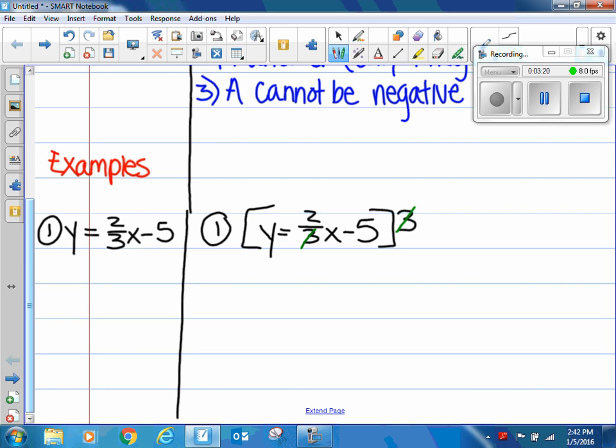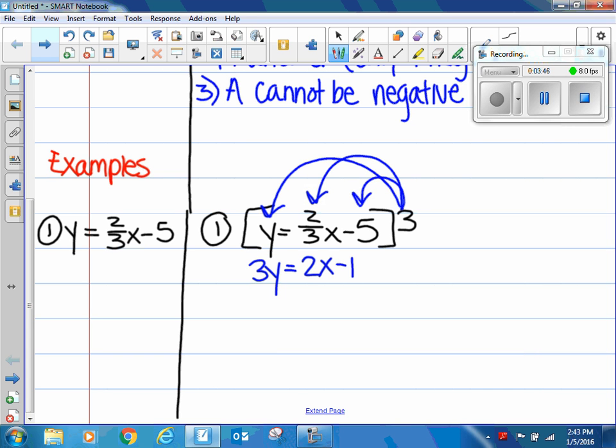So 3 times y is 3y. 3 times 2/3, the 3 and the 3 cancel, so I'm left with 2x. And then 3 times a negative 5 is a negative 15.